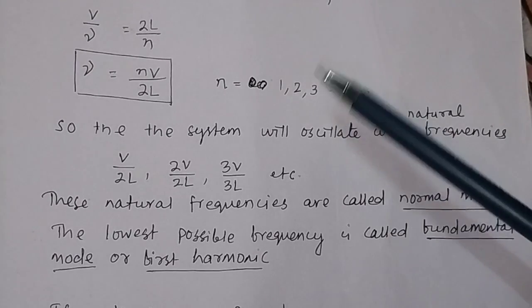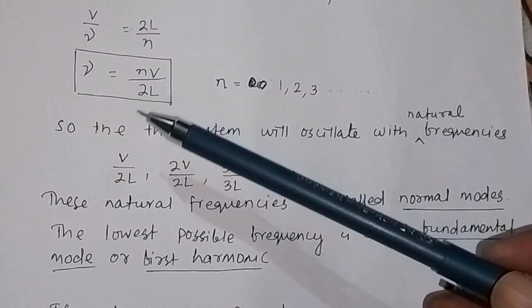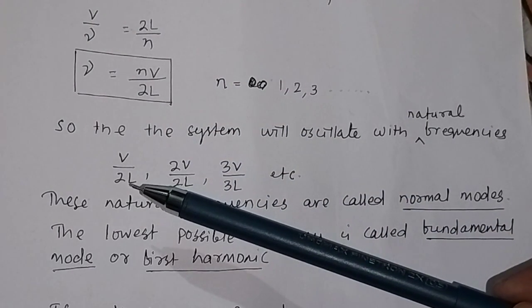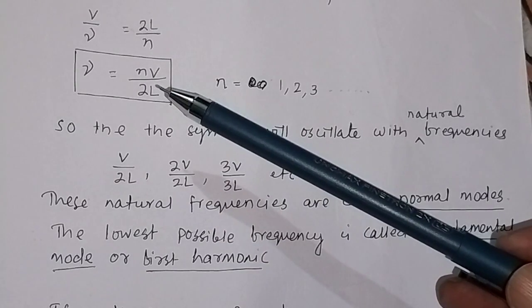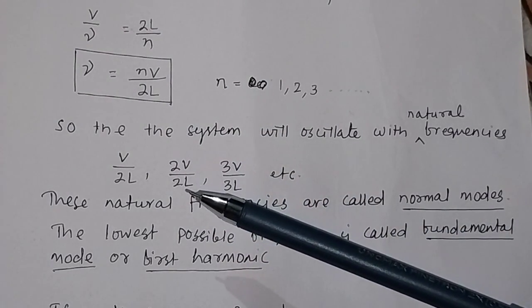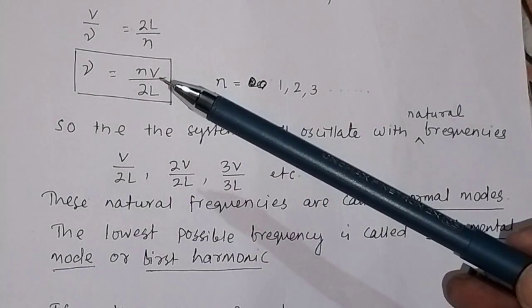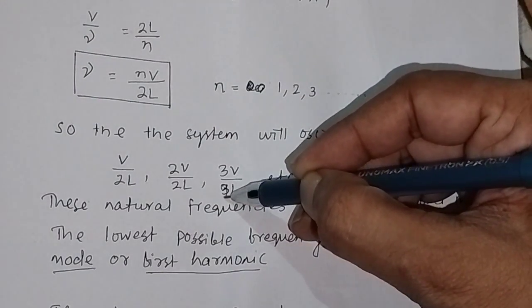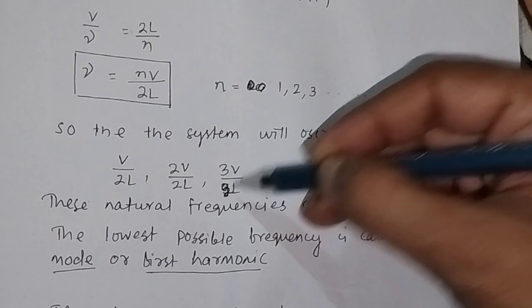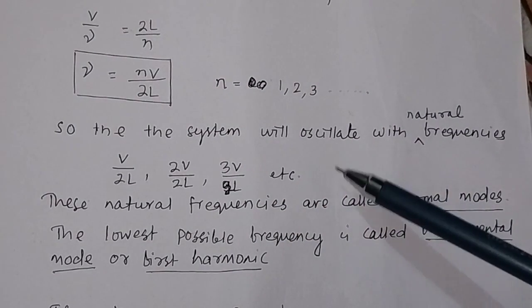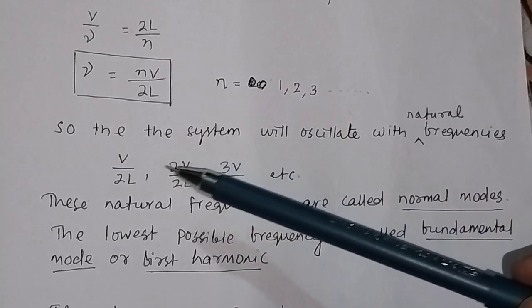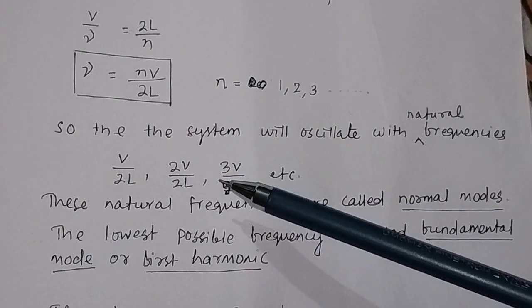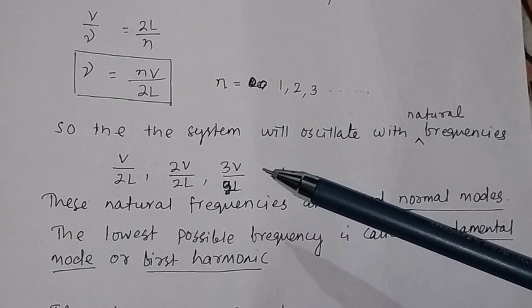So if you put n equal to 1, then nu is equal to v divided by 2L. Putting n equal to 2, 2v divided by 2L or v by L. Putting n equal to 3, 3v by 2L, etc. So the system will oscillate with these natural frequencies.